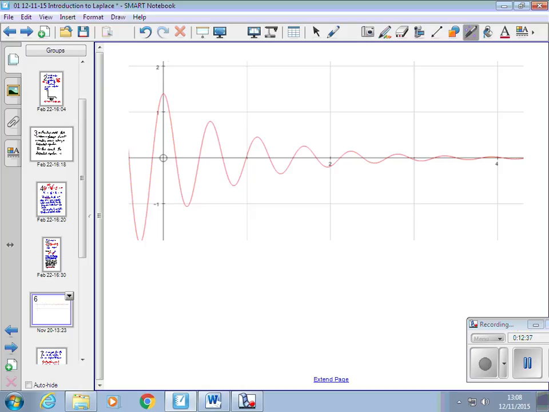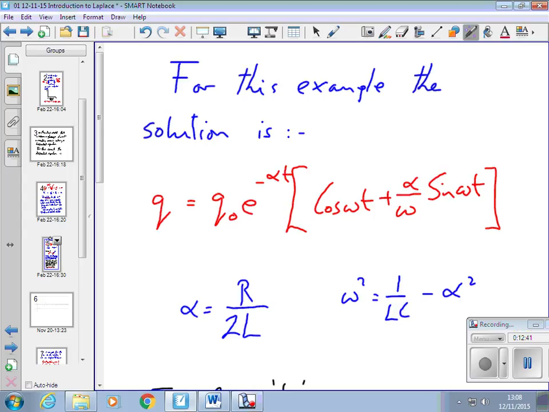So if we can come up with an equation that describes a circuit, and that's what this is about really today, coming up with a model to describe a circuit, then we can say what's going on during this transient period. This describes what happens to the circuit during a transient period.